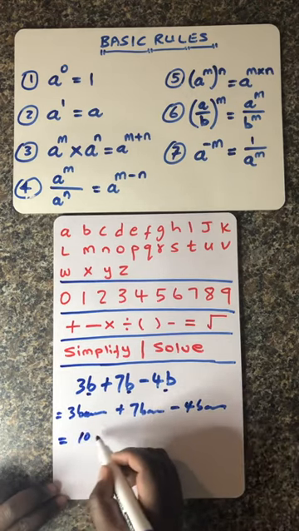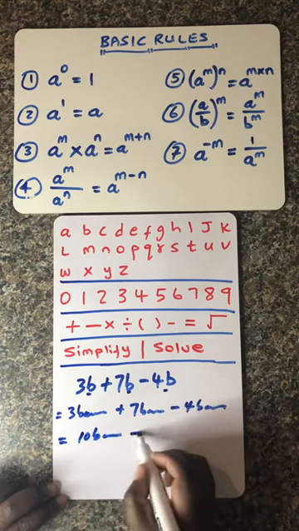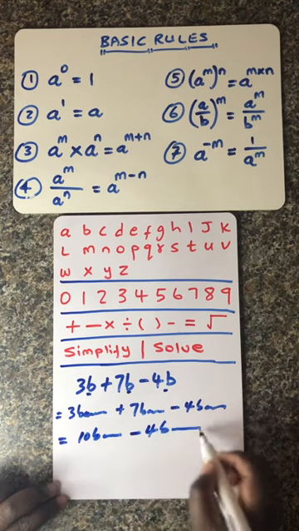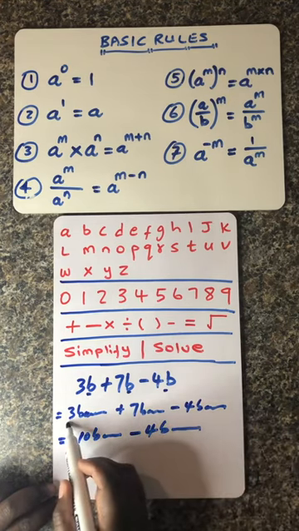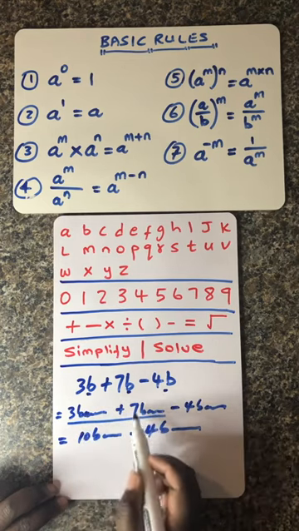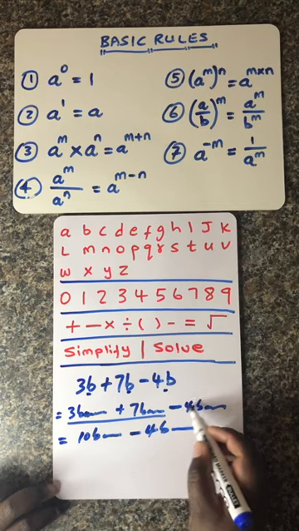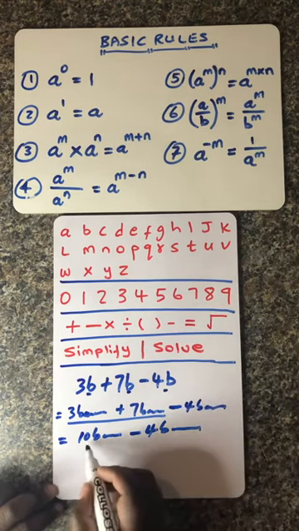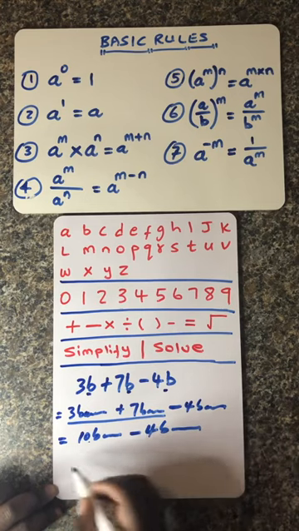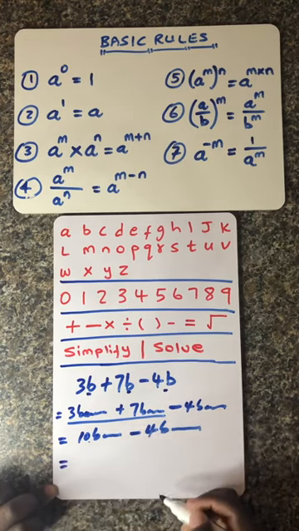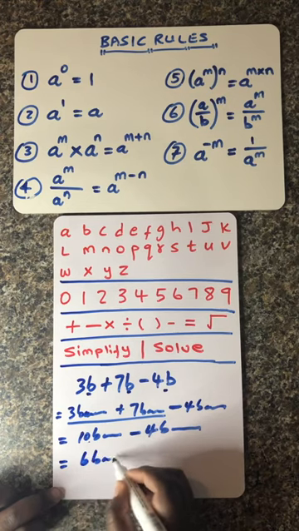You've got 10 bananas. Remember, you still have that minus 4 bananas. You've only added those two, so you shouldn't forget the minus 4 bananas. So I've got 10 bananas. I'm now subtracting 4 bananas. How many bananas am I remaining with? You are remaining with 6 bananas.